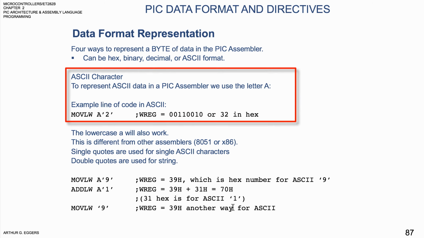Lastly, ASCII. To represent ASCII data in a PIC assembler, we use the letter A as our example. So we're going to move literally a value into the working register, A for ASCII, 2, enclosed in single quotes. The working register then sees 0011 0010, or a 32 in hex.